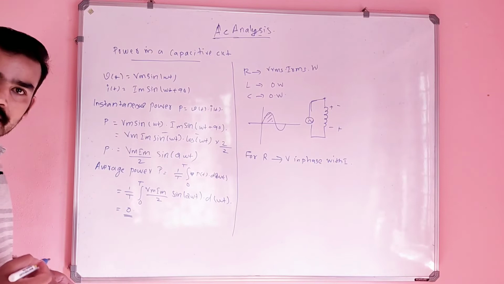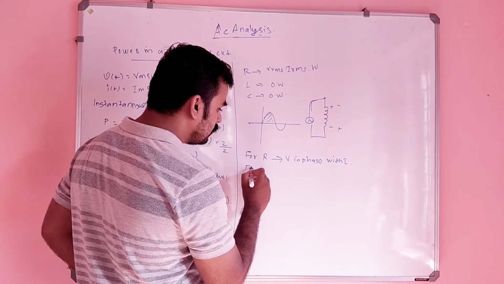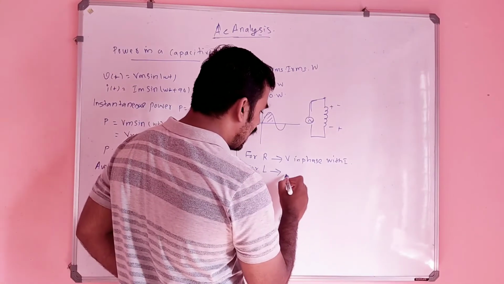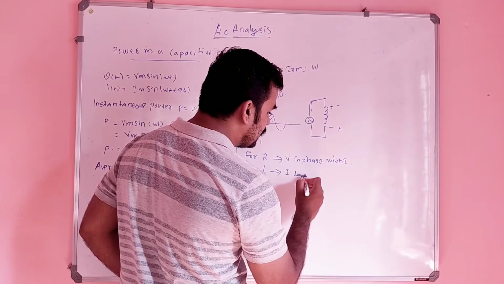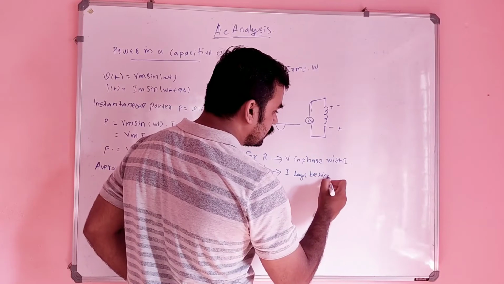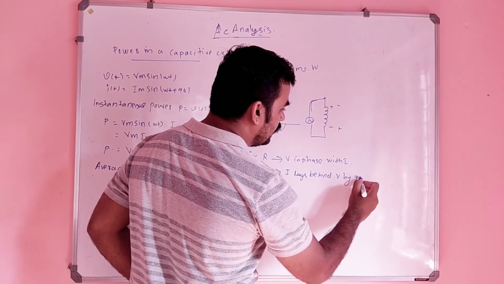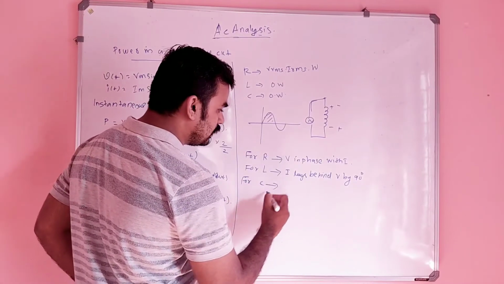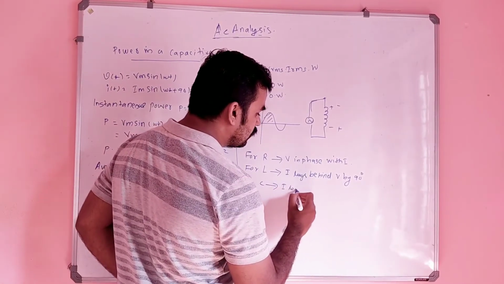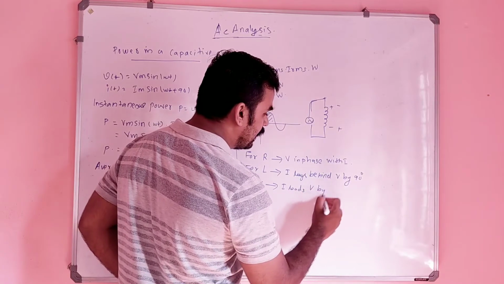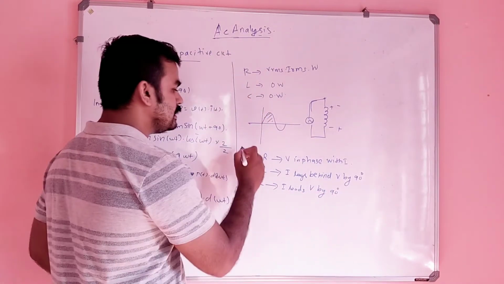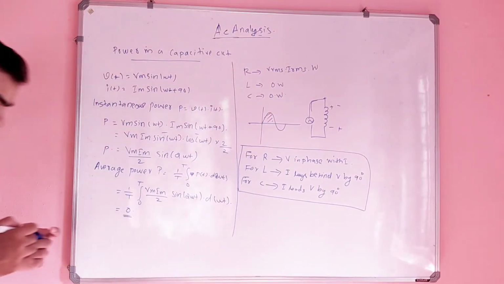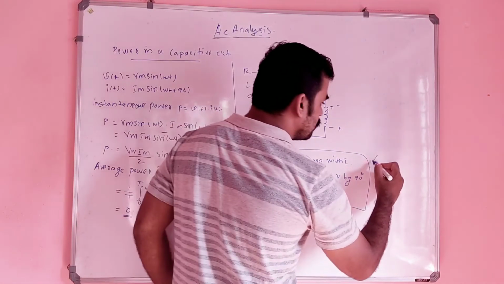V in phase with I. But for an inductive circuit, for L, I lags behind V by 90 degrees. And for a capacitive circuit, for C, I leads V by 90 degrees. This is a thumb rule. This you have to always keep in your mind. This is very important.